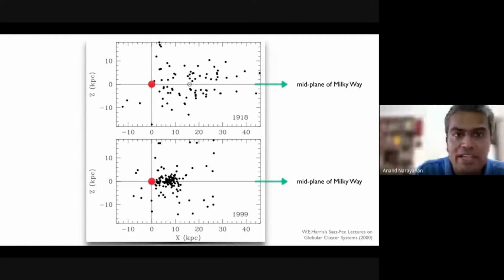That is 8,000 parsec. In terms of light years, that roughly translates to 27,000 light years from us. So our galaxy does seem to have a morphological center, and we are not at the center. The center is roughly 27,000 light years or 8 kiloparsec from us.